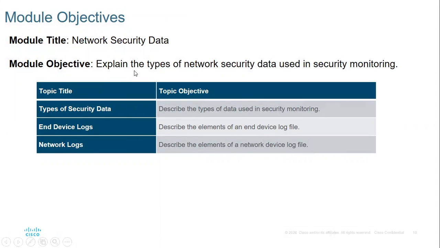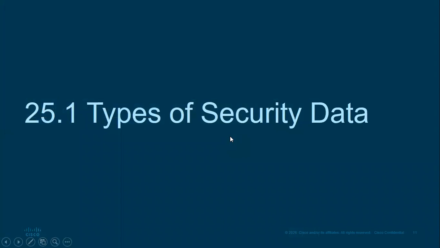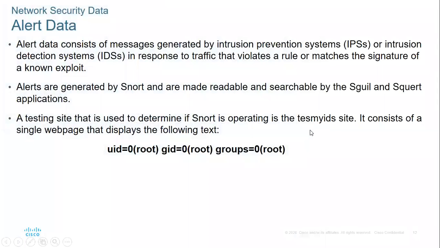So the module objective here will be to explain the types of network security data that is used in security monitoring. Section 1, types of security data. The first type is called alert data.